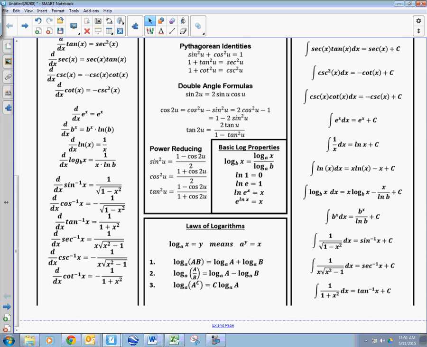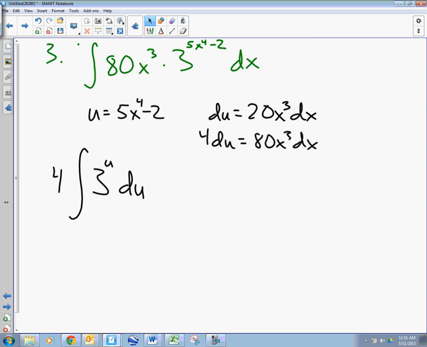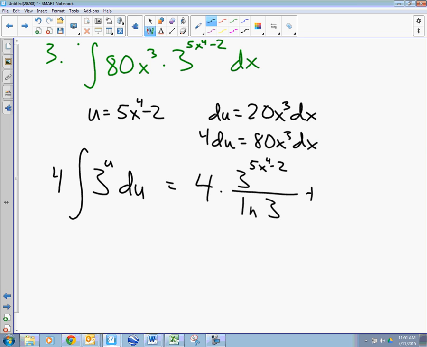Right here, it's the antiderivative of b to the u, or a base, like 3, would be 3 to the u over the natural log of 3. I thought you said times. I thought you were referring to this one. You said that one. You were wrong. She was right. So we'll say this is equal to 4 times 3 to the 5x to the 4th minus 2 over the natural log of 3 plus a constant.